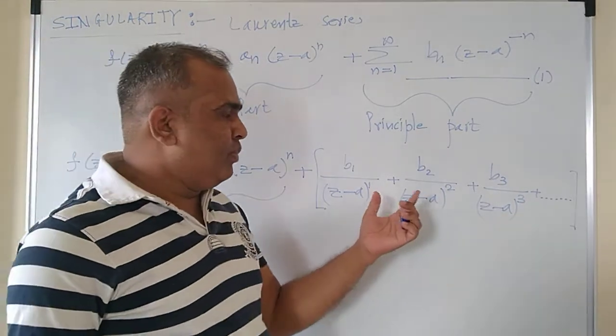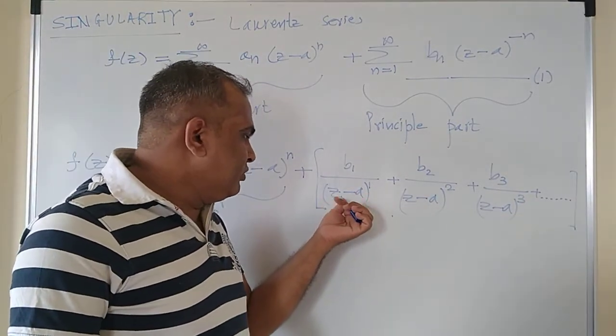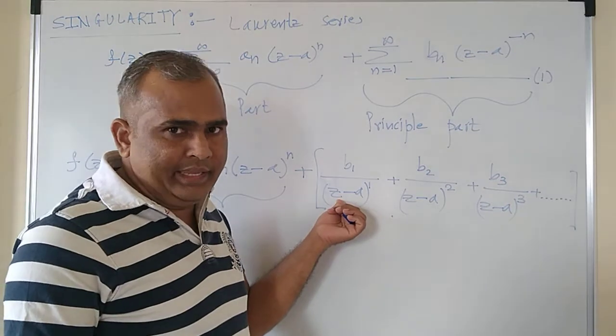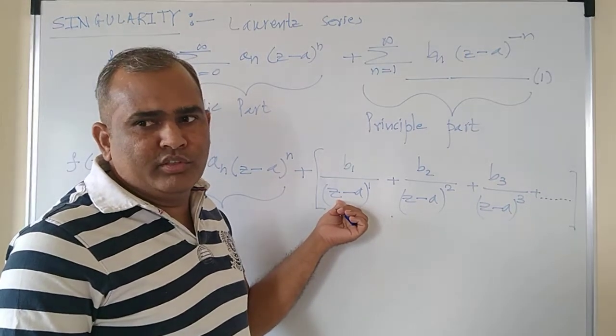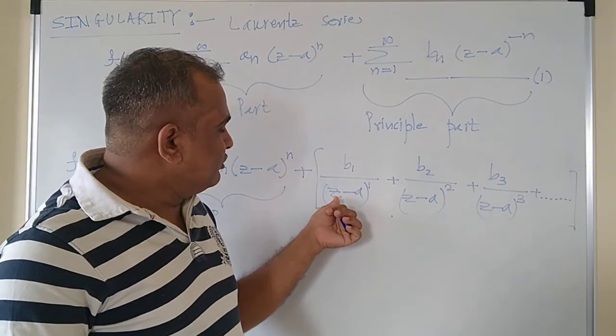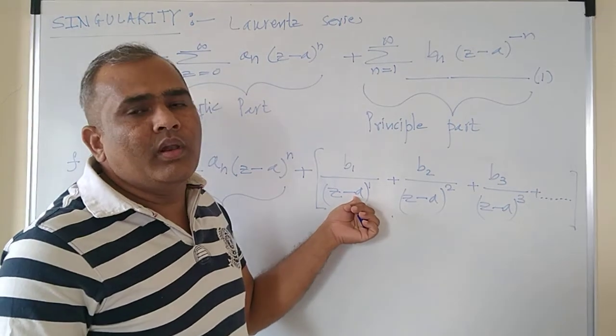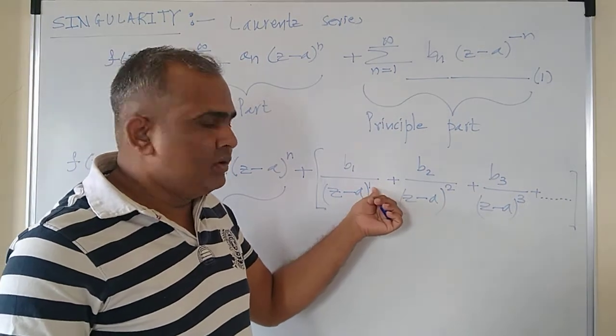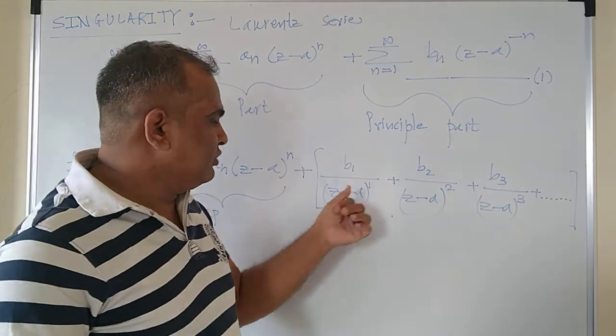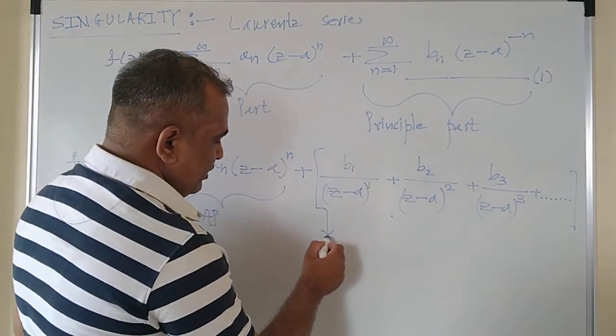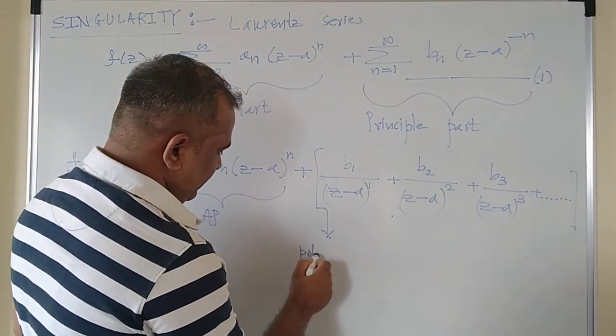So how to find the pole? The pole of this term is z equals a. By equating the denominator to 0, you will get the poles. So z equals a is a pole, and what is its order? 1. So this is called a pole of order 1.